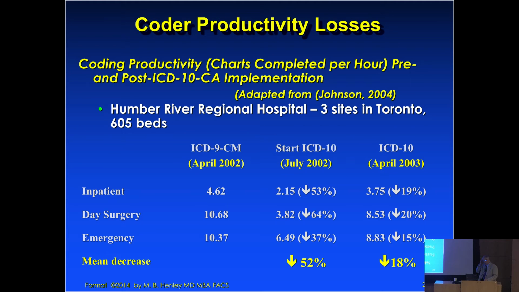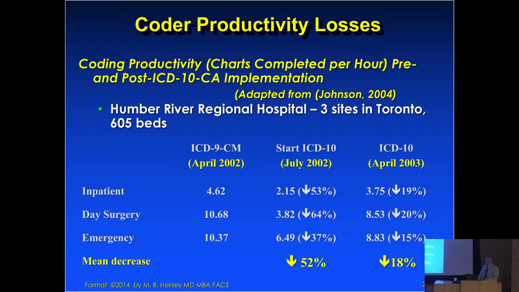So if we look at just coders' productivity losses, ICD-10 was implemented in Canada in a rolling schedule from 2001 to 2005. The eastern provinces started first, and just before implementation, you can see this 3-hospital system in Toronto, the Humber River Hospital, looked at their coder productivity.